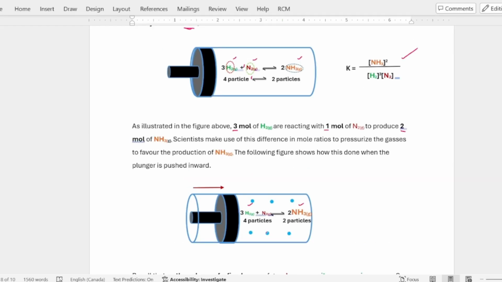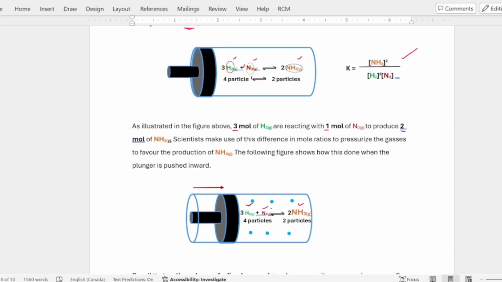When the pressure of the gas in this mixture was increased due to a decrease in the volume, the concentrations of hydrogen and nitrogen increased to a greater degree when compared to the increase in concentration of ammonia. As such, the frequency of collision between nitrogen and hydrogen was greater than the frequency of collision between ammonia molecules.